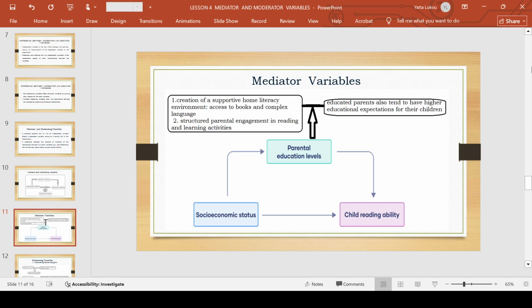First of all, the parental education level helps in this situation in the following way: by creating a supportive home literacy environment through the access of books and complex language, and the structured parental engagement in reading and learning activities, and also educated parents are having expectation which will influence the goals of their children.